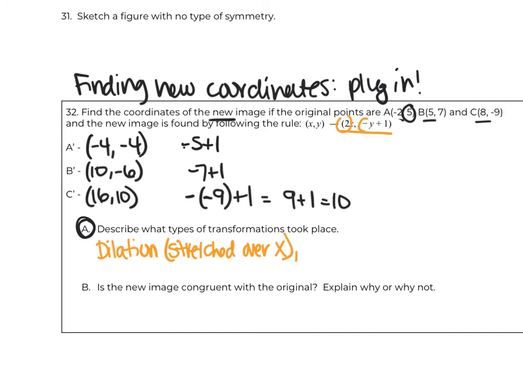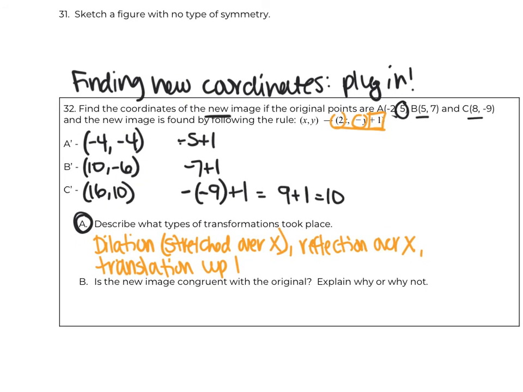Now the negative in front of the y. What thing makes the y negative? Well, that's a reflection over x. And look back at your table from your 2.3 notes to remind you on these things. And then there's also y plus 1, which tells me it had a translation, and be specific on this, of up 1.